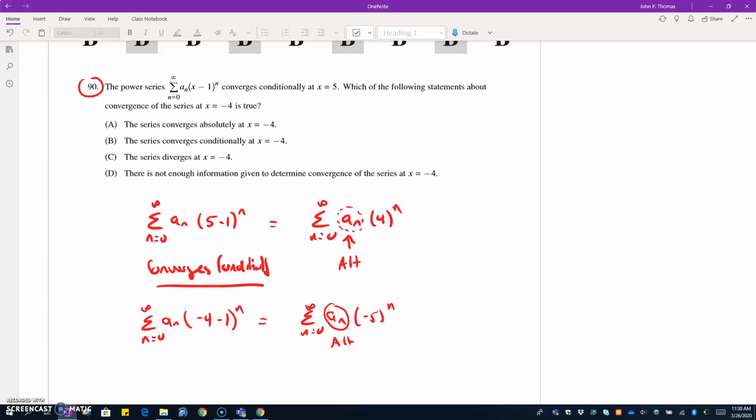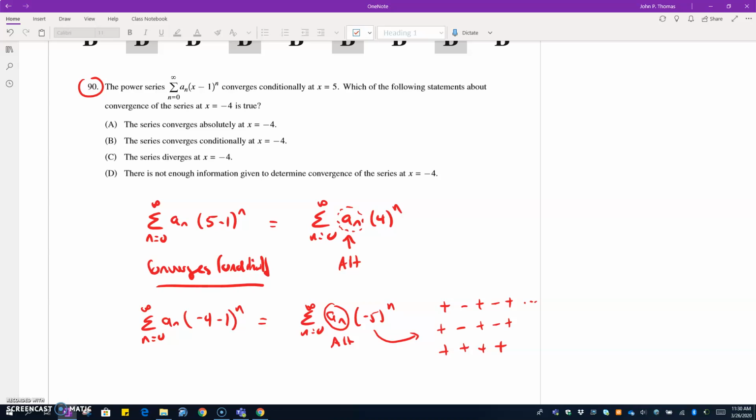So we might be thinking, okay, if that alternates, I've got plus, minus, plus, minus, plus, and so on. So if this one is going to be plus, minus, plus, minus, plus for this piece, then I'm going to have positive, positive, positive, positive, a non-alternating series.